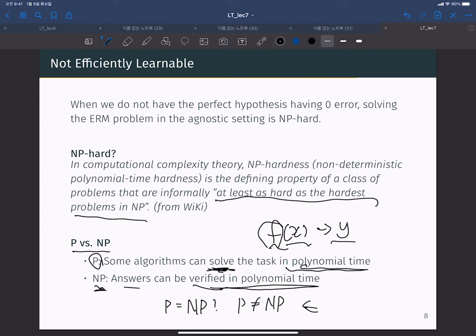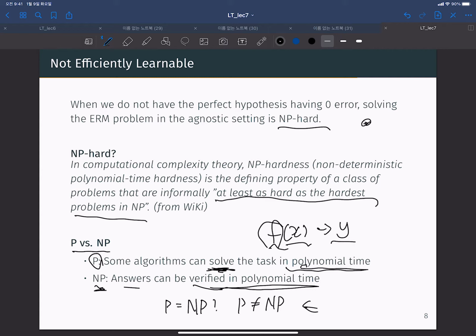Anyway, NP-hard is, among NP category tasks, the class that includes the very difficult tasks in NP. When we can solve an NP-hard task, we can easily solve any NP task.